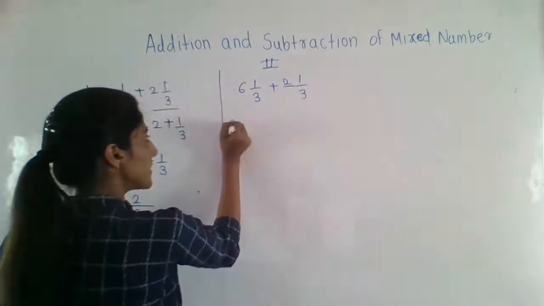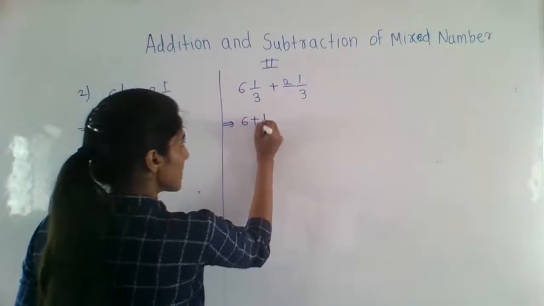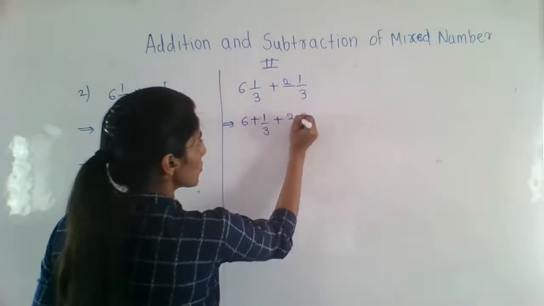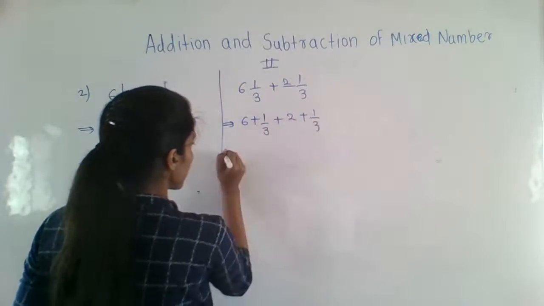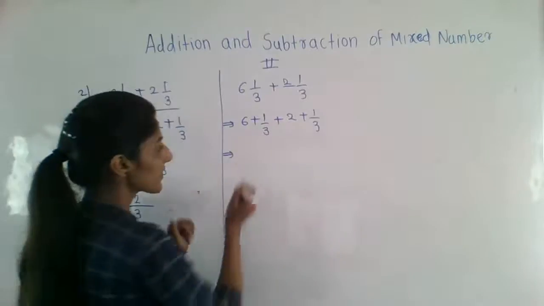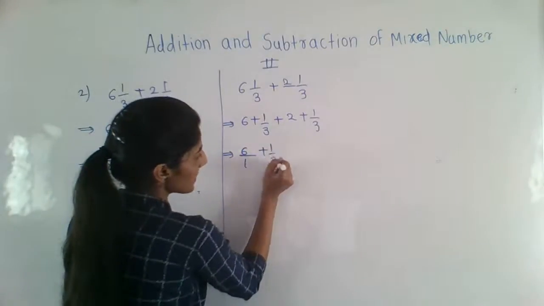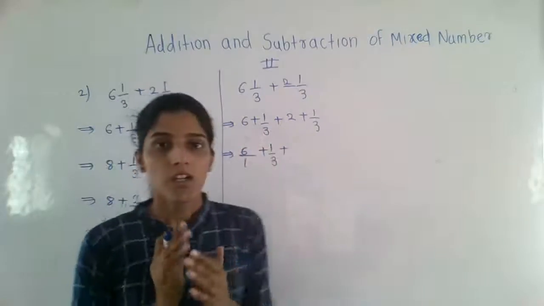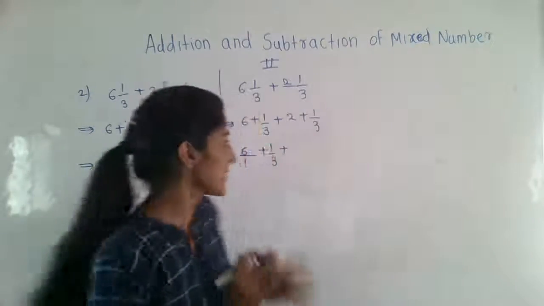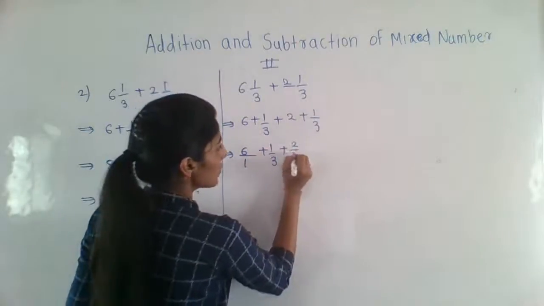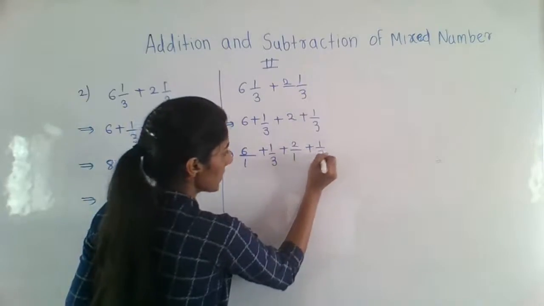Okay, in second method, we write it as 6 plus 1 by 3 plus 2 plus 1 by 3. Here, the denominator is absent, take it as 1, that is 6 by 1 plus 1 by 3. Now here also the denominator is absent, therefore take it as 1, 2 by 1 plus 1 by 3.